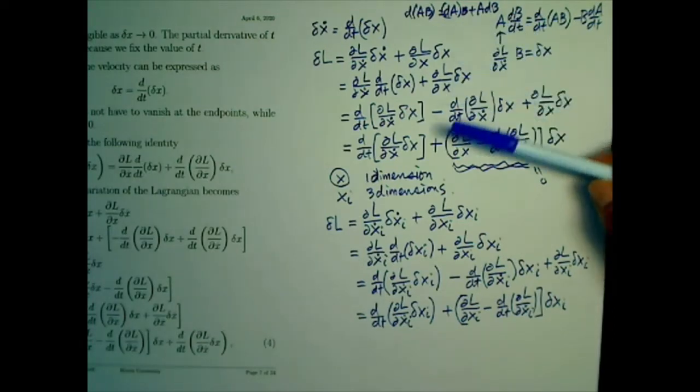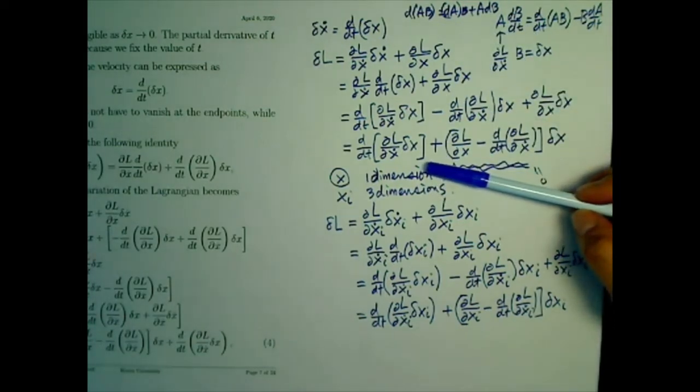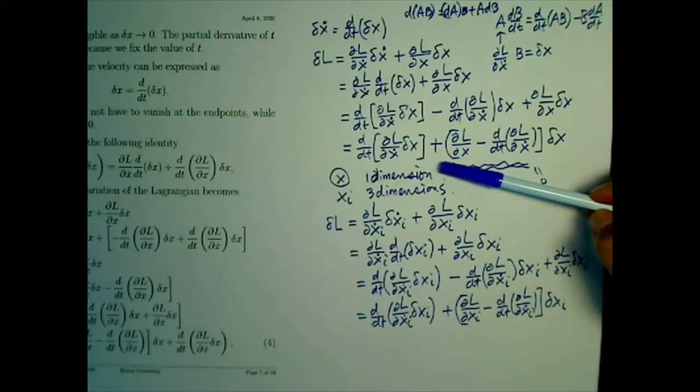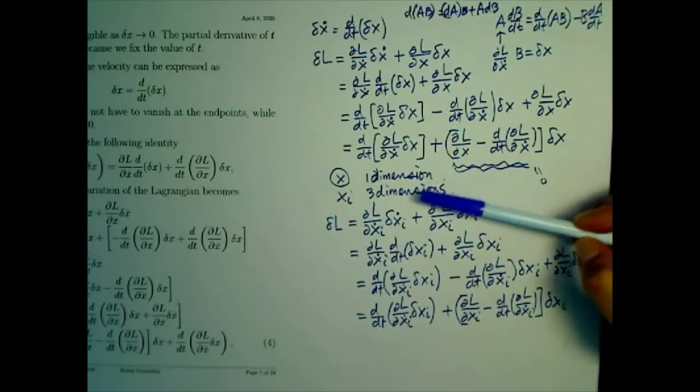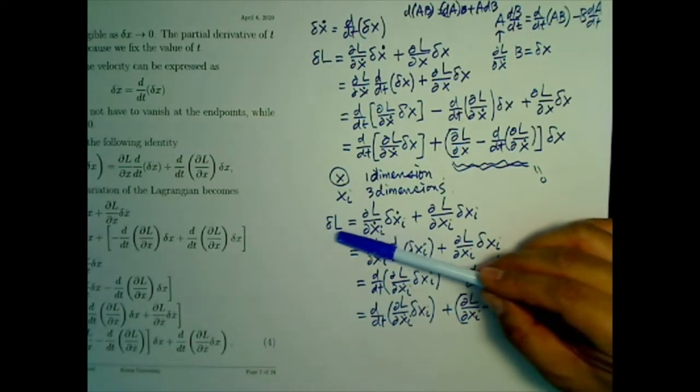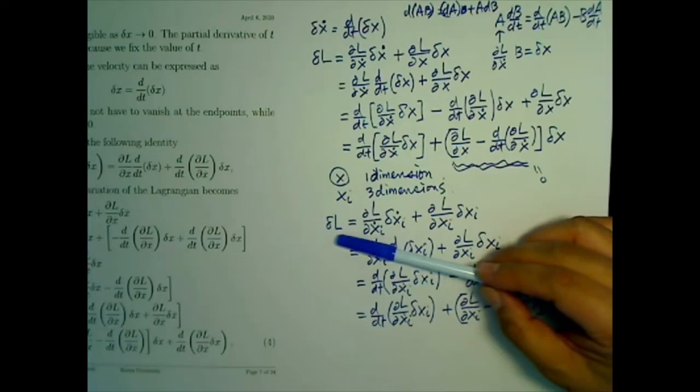Okay, this is the variation of the Lagrangian in the one-dimensional case, and we can simply extend this method to the three-dimensional case. You know, the Lagrangian in 3 dimensions is a function of x1, x2, x3, and x1 dot, x2 dot, and x3 dot.